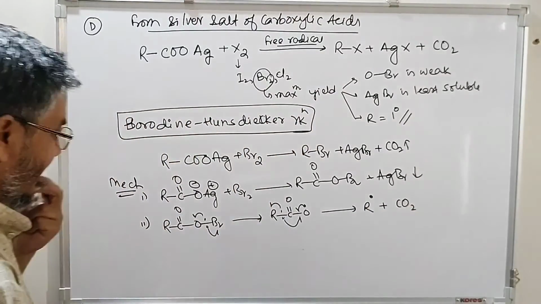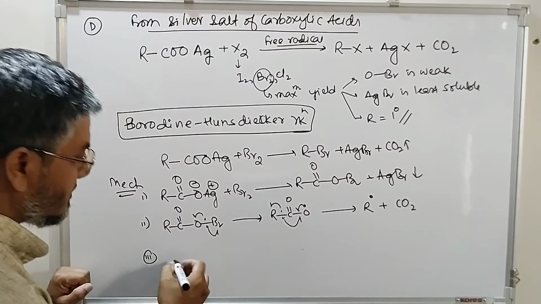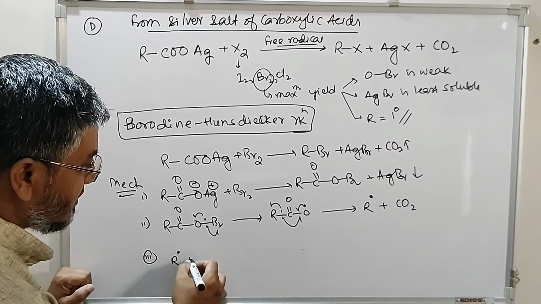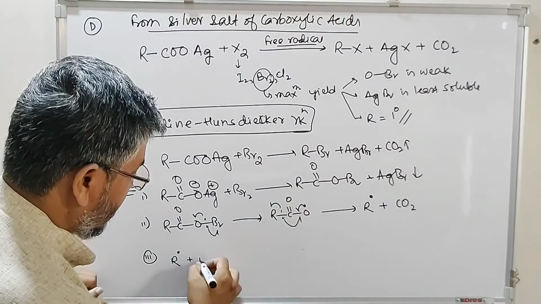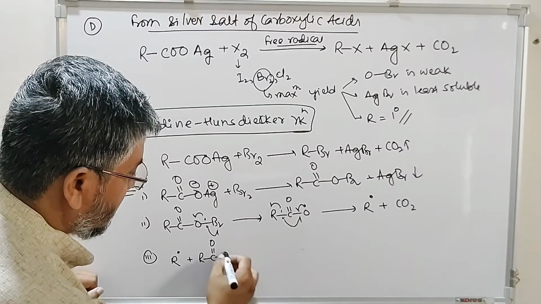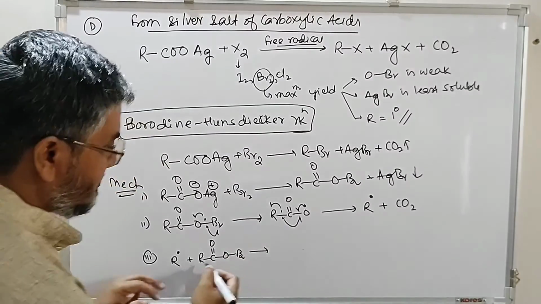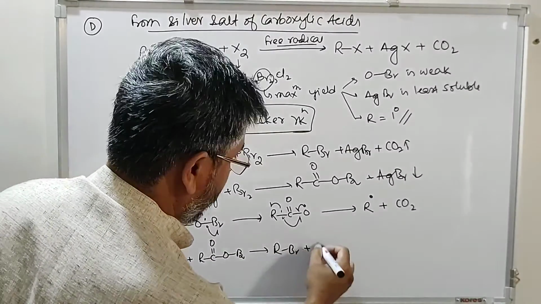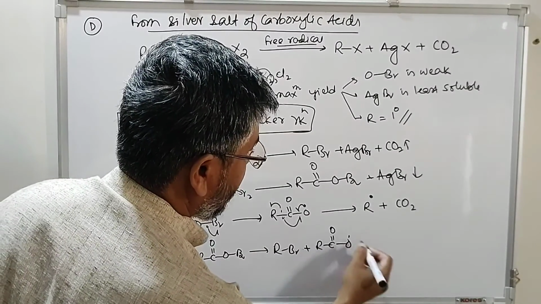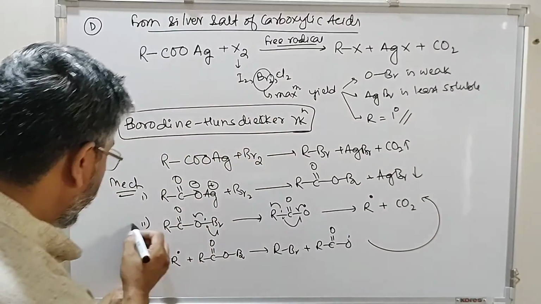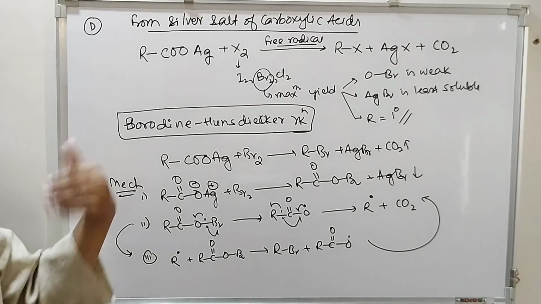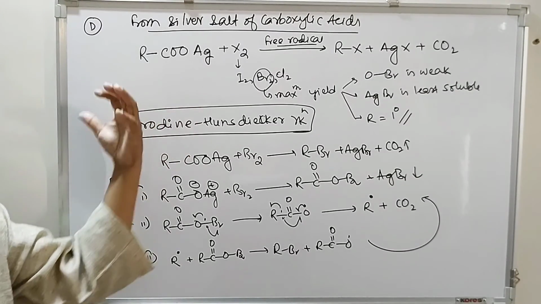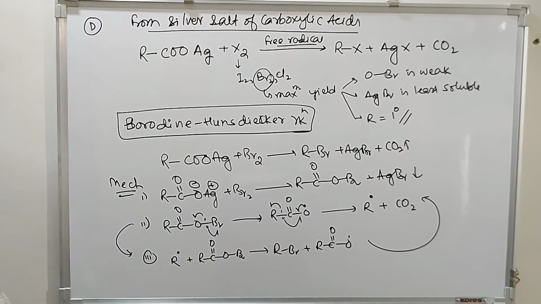In the third step of this reaction, this radical again reacts with RCOOBr. From this Br is taken up, giving RBr plus RC=O O radical. This reaction is recycled here, so this goes on as a chain reaction. So this is how alkyl halide is prepared from silver salt of carboxylic acid.